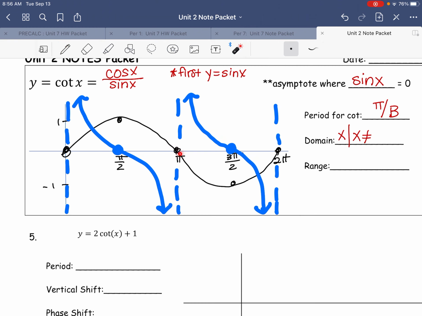You can list 0 or pi. It doesn't matter. I'll list 0 plus or minus the period, which is just pi k. And the range, just like before, is negative infinity to infinity. Okay, so the only difference for cotan is that you're first graphing sine and that it goes down as you go left to right.